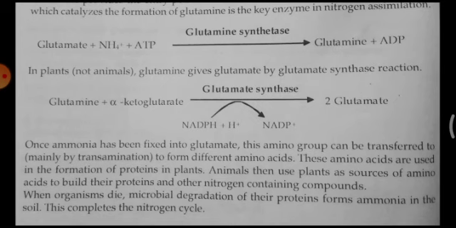And glutamine, which is an amino group carrier, is helpful in the synthesis of other nitrogenous compounds and amino acids. When organisms die, microbial degradation of the proteins forms ammonia in the soil. So this again comes into the nitrogen cycle. Whenever the biomolecular nitrogen compounds decompose, they release ammonia.